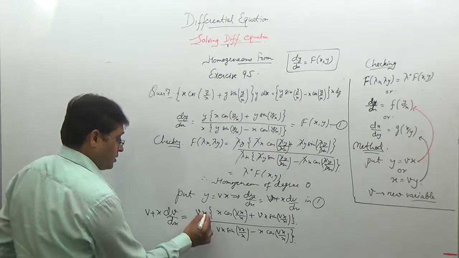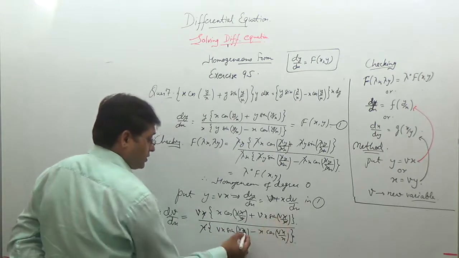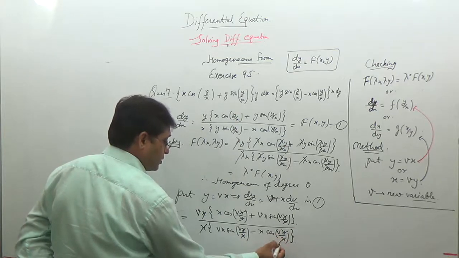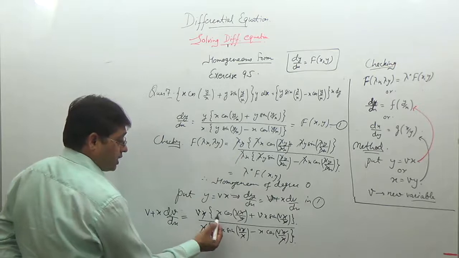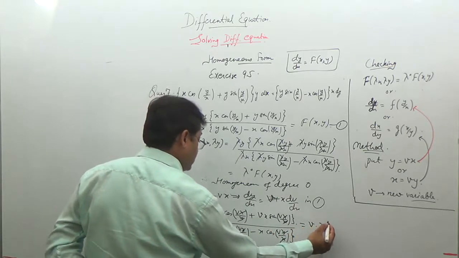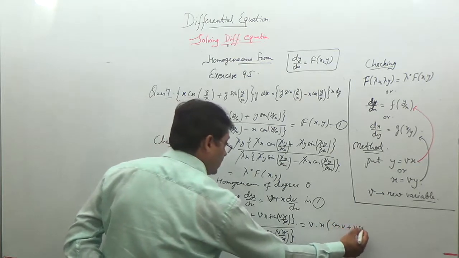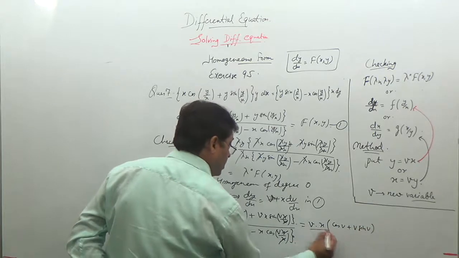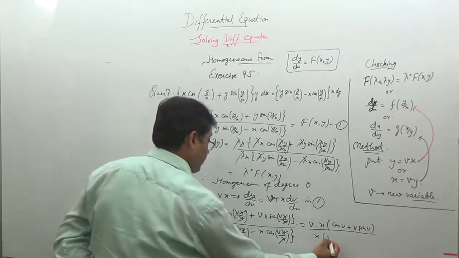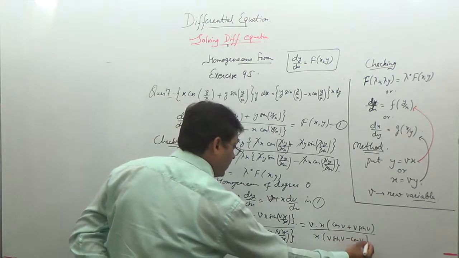Now x is cancelled everywhere. Now take x common from here, you will get vx cos v plus v sin v upon, take x common, then v sin v minus cos v.